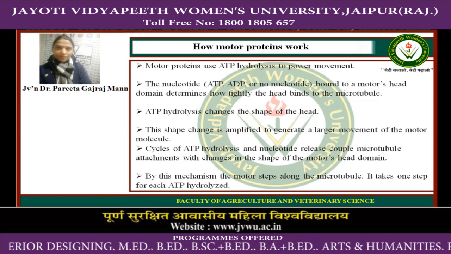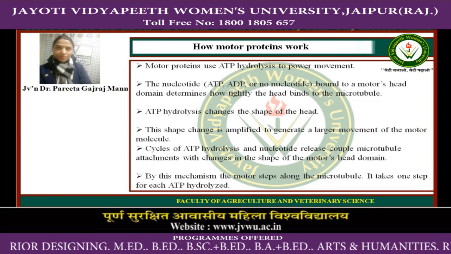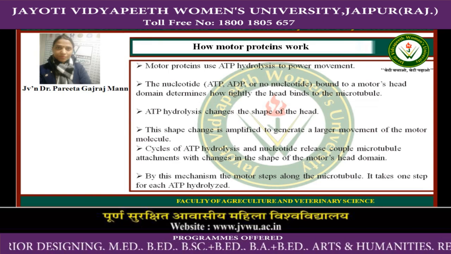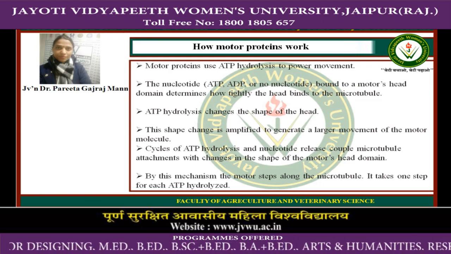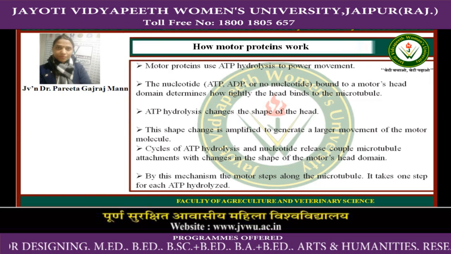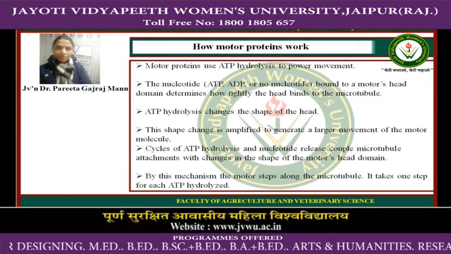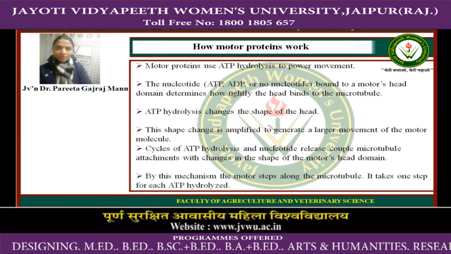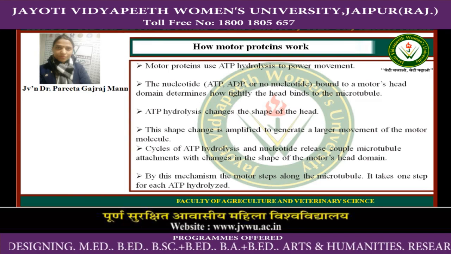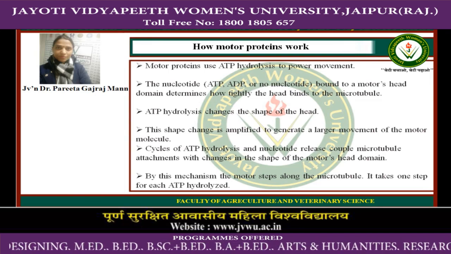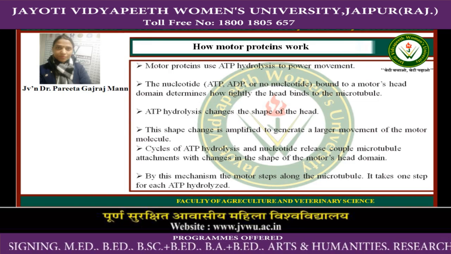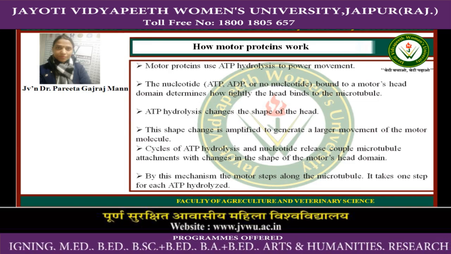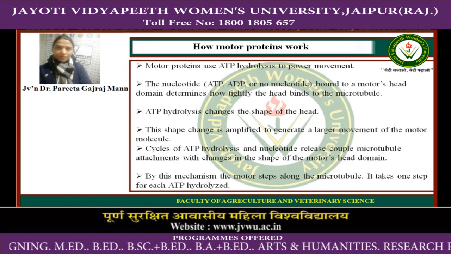The nucleotides, ATP and ADP, bind to a motor's head domain and determine how tightly the head binds to the microtubules. During movement, ATP will hydrolyze, and this leads to a change in the shape of the head group of motor proteins, and this shape change is amplified to generate a large movement of the motor molecules.